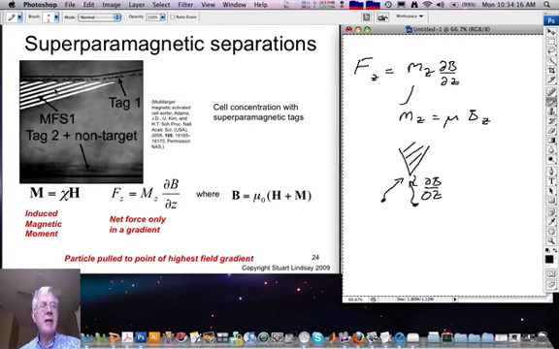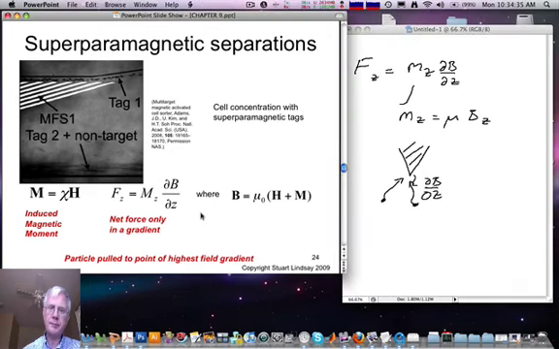And the result is that cells targeted with an antibody attached to a superparamagnetic particle are deflected by this system of magnets to be collected at a different point in the microfluidic devices, whereas non-tagged cells flow through undeflected.